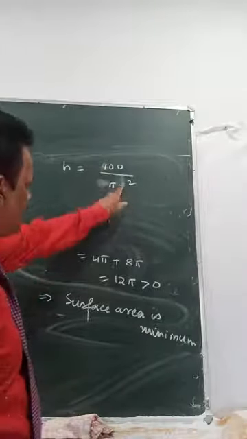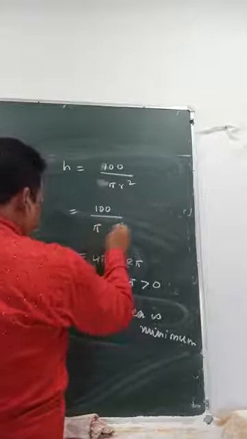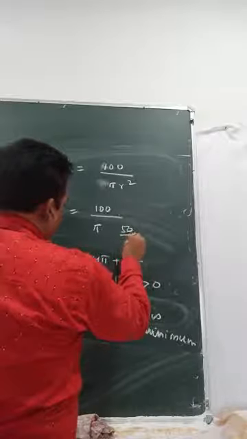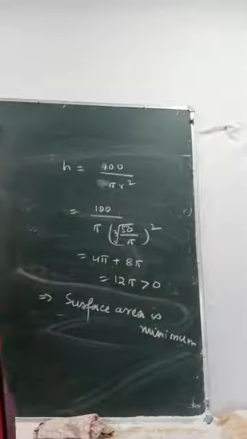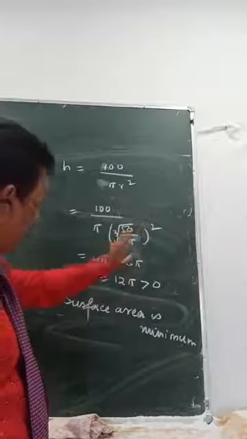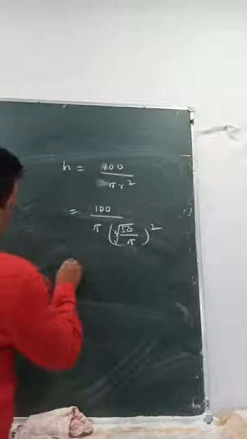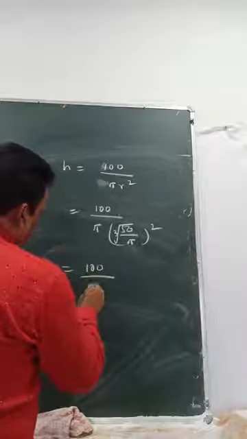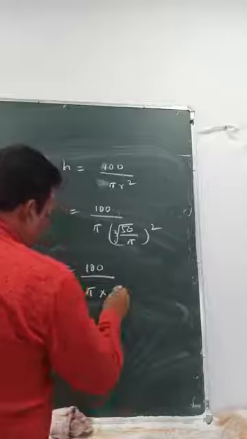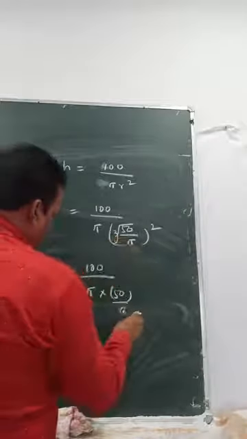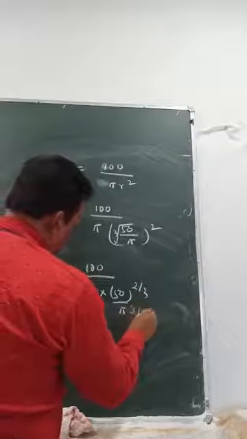So now you can put the value of r here. 100 by pi into, this is 50 by pi cube root and its square, because the r value is this one, then now square. So you can write, no need to calculate. You can simply keep it like that. 100 by pi into 50 to the power 2 by 3, pi to the power also 2 by 3.